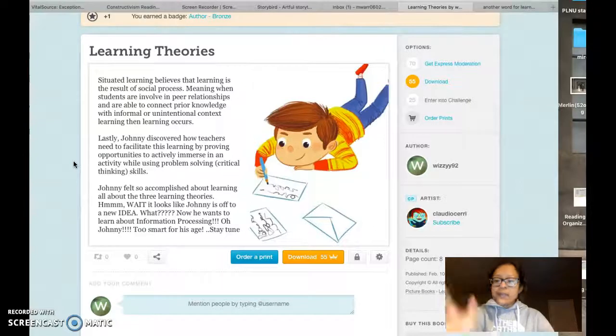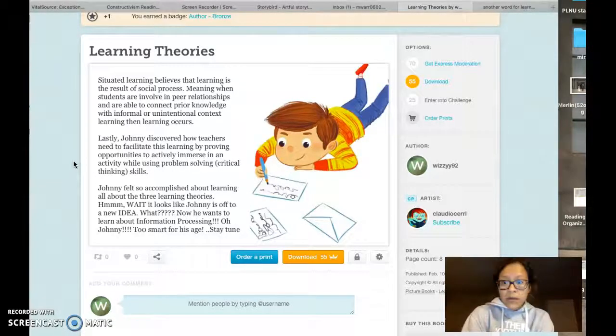So this last theory, situated learning, believes that students need to be an active participant in the learning experiences.